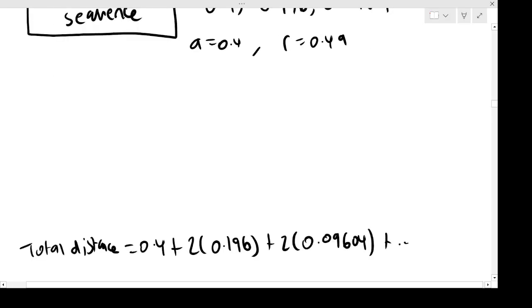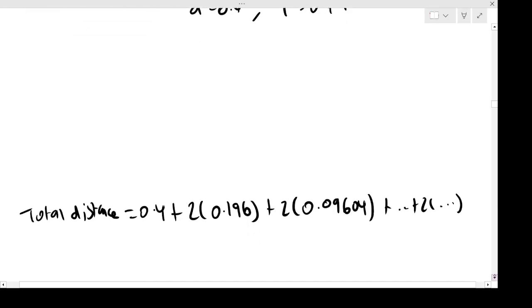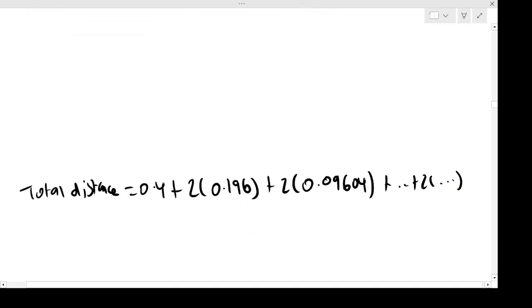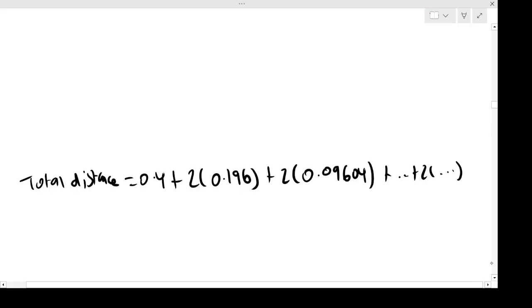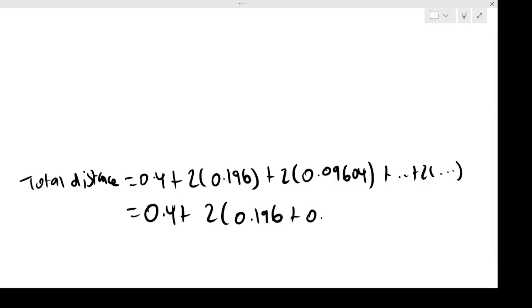And that's going to continue. So I'm going to double every height, because the idea is I drop down, then I go up, then down, then up, then down, then up, then down. So there we are. Hopefully happy with that. So I can say 0.4 add 2, and then I can factor 2 out of the 0.196, add the 0.09604.